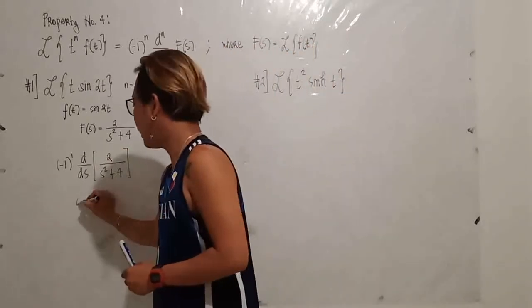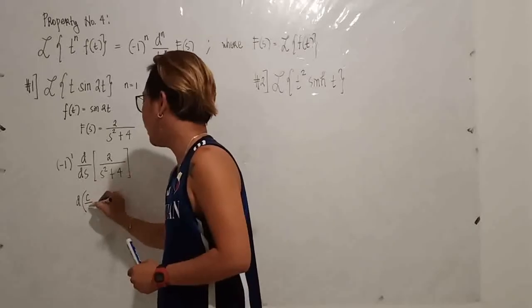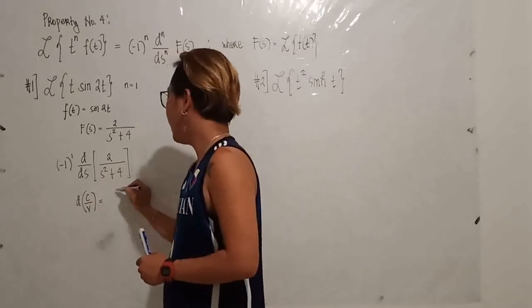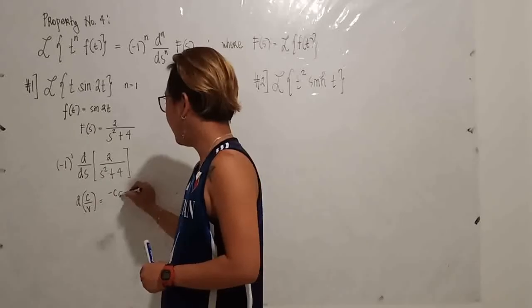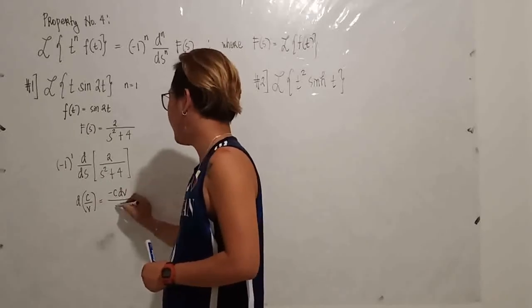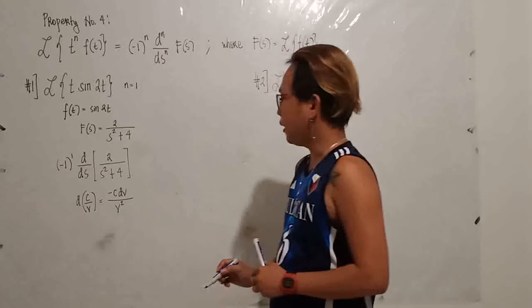Now, this is the derivative of constant over variable. You will have -c dv over v squared.